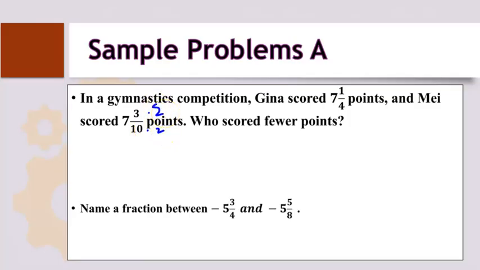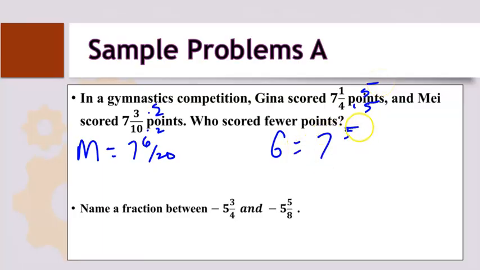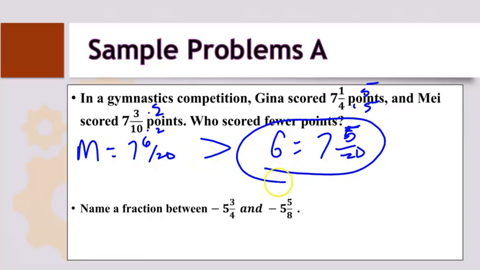So we got May, who's got 7 6/20. And we got Gina. If I multiply this by 5/5, Gina would give you 7 5/20. Now 6/20 is bigger than 5/20, so the one who scored fewer would be Gina.